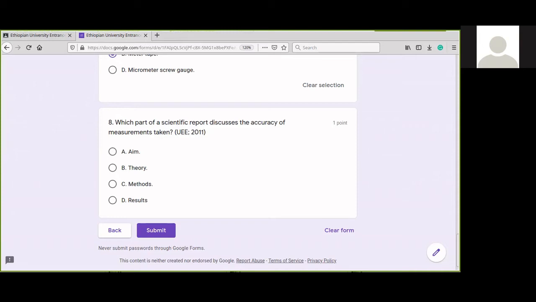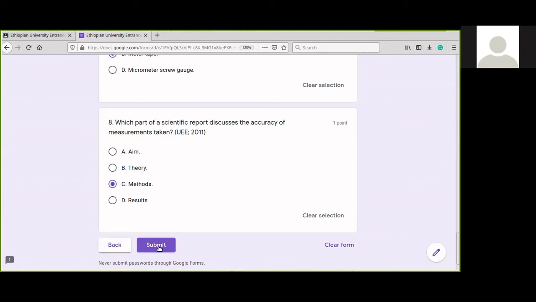Can we say in the results we discuss the accuracy of the measurement? What about the methods? Yes, the method is the correct answer, because in the method we do these experiments, and based on this there is an accuracy in the measurement. So option C is the correct answer.